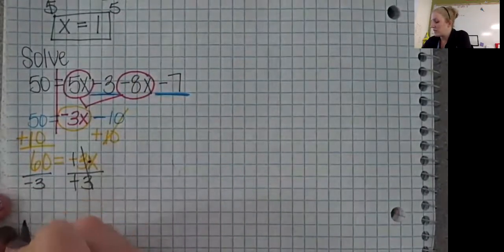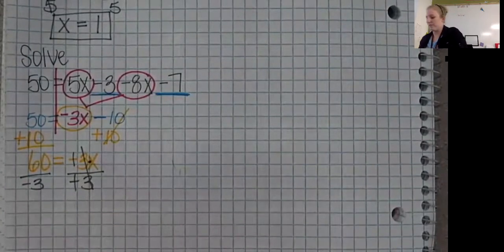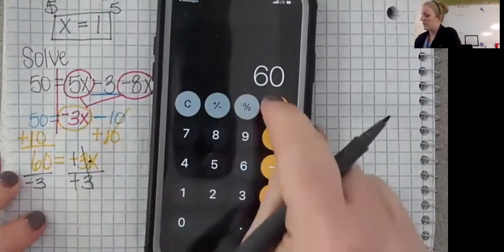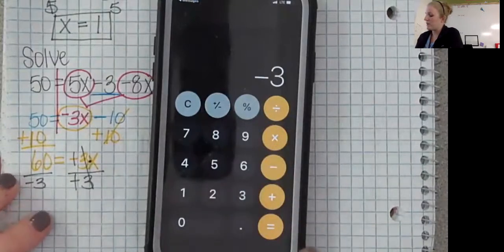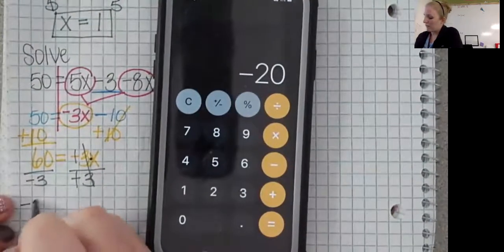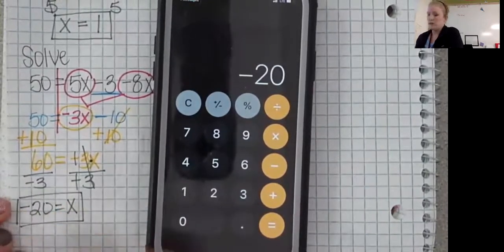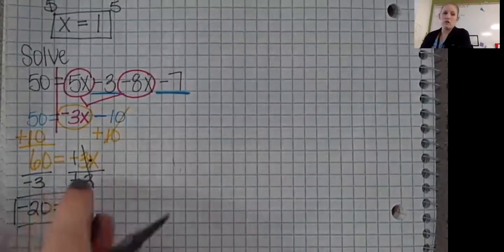So then 60 divided by -3, and you can always use your calculator. I'm going to on this one just because it's a larger number. 60 divided by 3, and make sure you hit the negative, would be -20 equals x. So that is how you could solve this one.